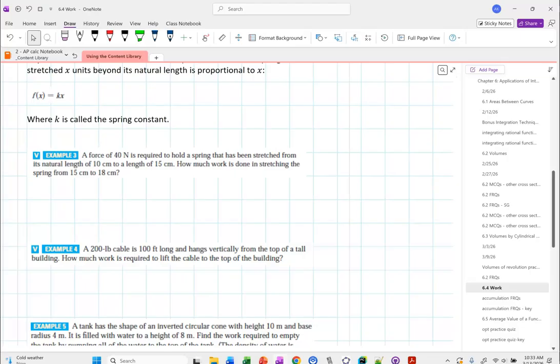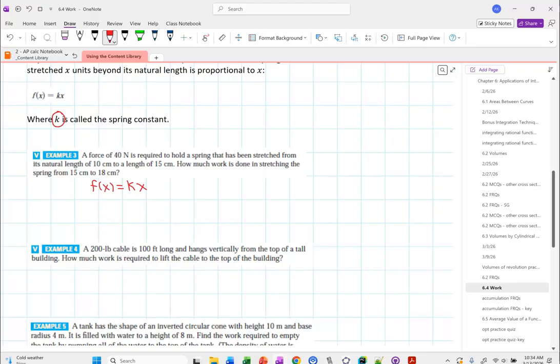Figure out the force. I'm going to have to find k. Units matter here. What did they do that's crummy for us? Centimeters. What unit does that need to be in?